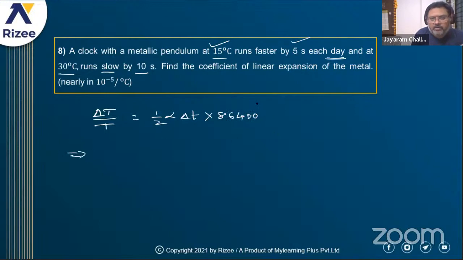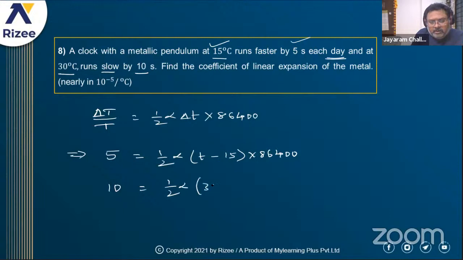So now if I substitute the values, 5 seconds is equal to half alpha into change in temperature, I'm writing this as T minus 15, into 86,400. Here I'm showing slow or fast in the temperature itself. And 10 seconds is equal to half alpha into 30 minus the standard temperature T, which gives the correct value.